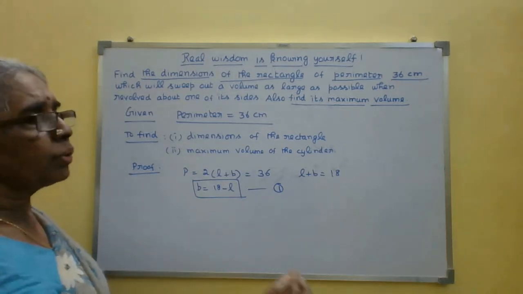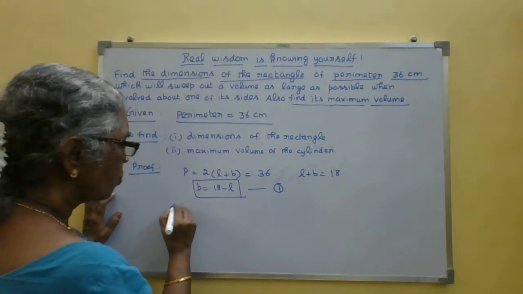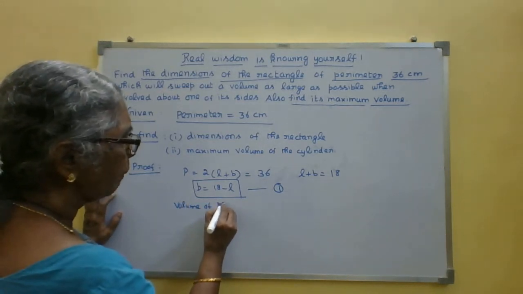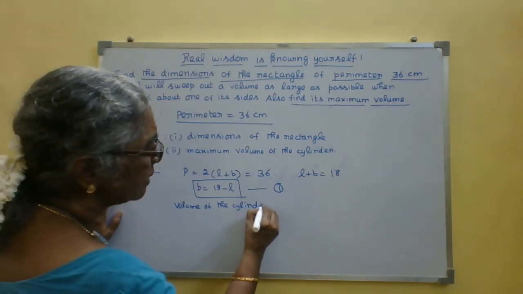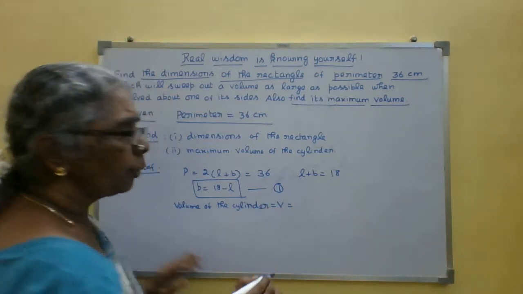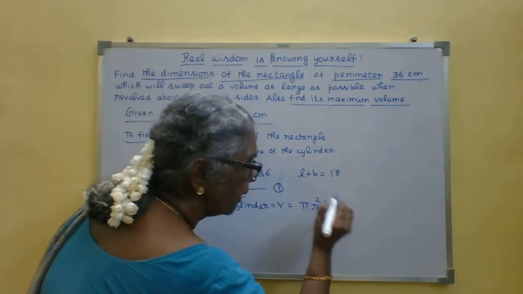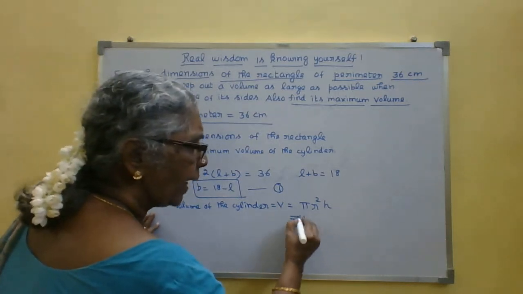Now what I have to maximize? I have to maximize the volume of the cylinder. So the volume of the cylinder, that we are representing by the letter V. So the volume of the cylinder V, you know the formula for the volume, pi r squared h. But now you know this pi you write as it is.